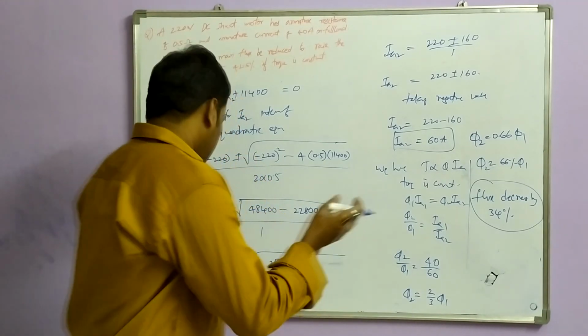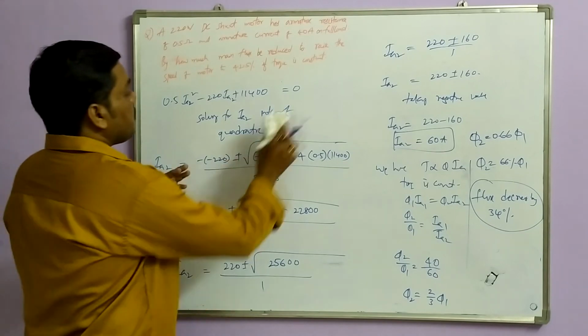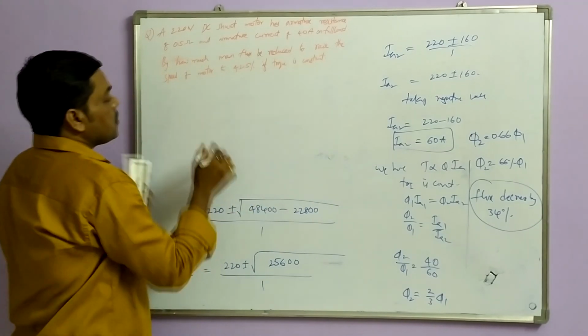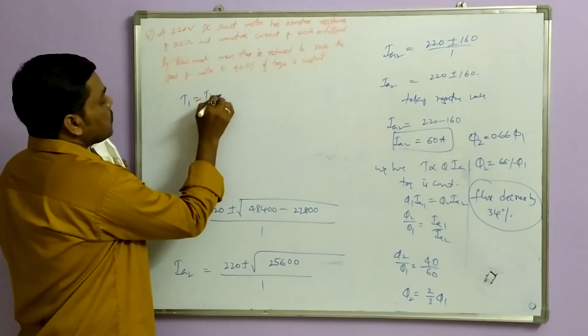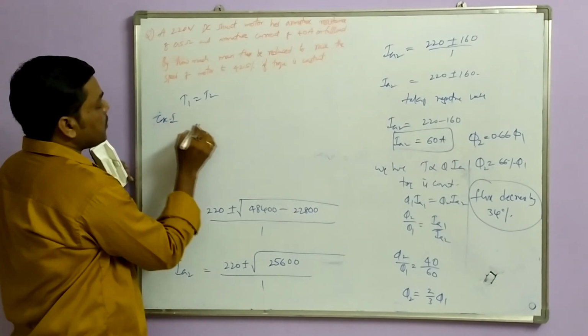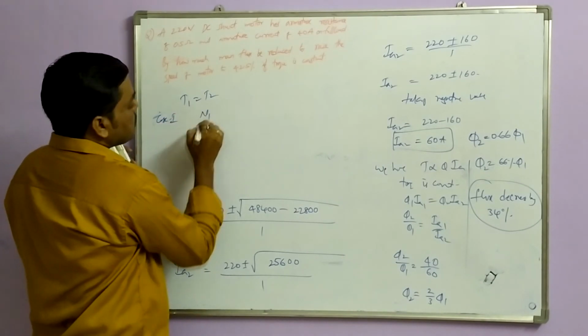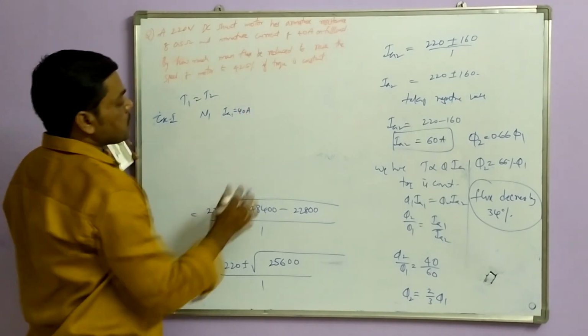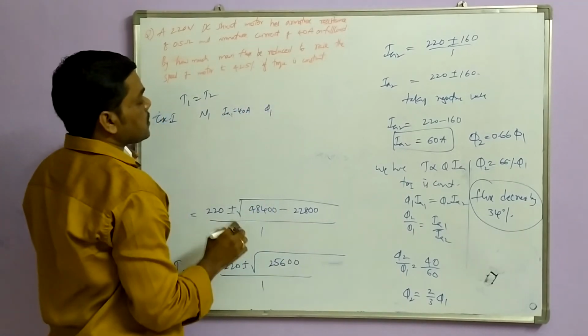So we can also see this case first. T1 is equal to T2. In case 1, N1 is the speed, Ia1 is the armature current, 40 amperes, and phi 1 is the flux.